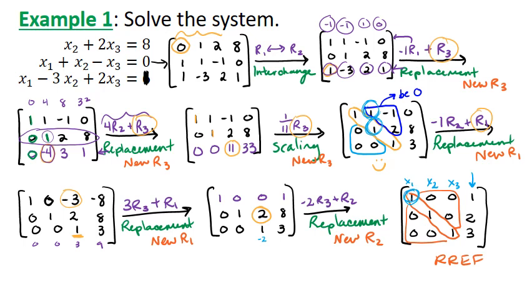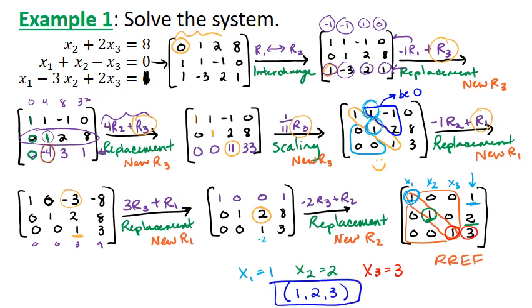So what this tells us, wherever the 1 is, represents the variable. So x1 is equal to 1. x2 is equal to 2. And x3 is equal to 3. I can write this in parentheses as (1, 2, 3).